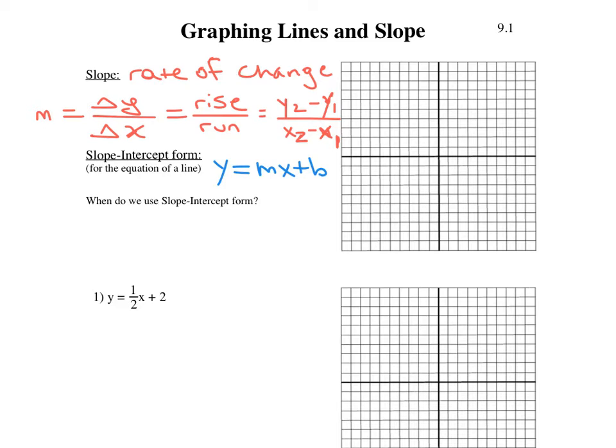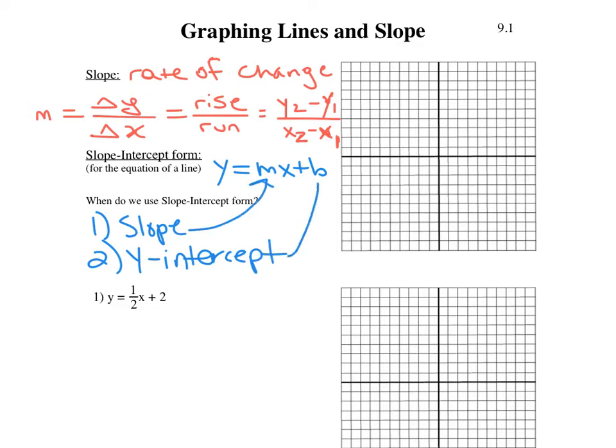Well, we use it when we're given a slope and we know the y-intercept. Hence, slope is our m and b is the y-intercept. And we always start at the y-intercept and then graph from the slope.